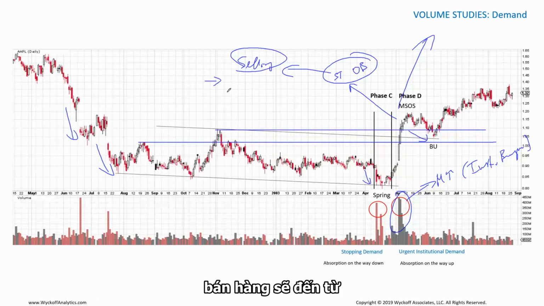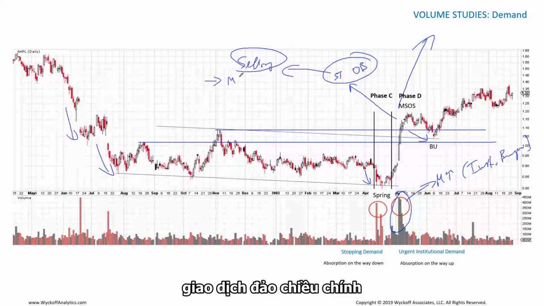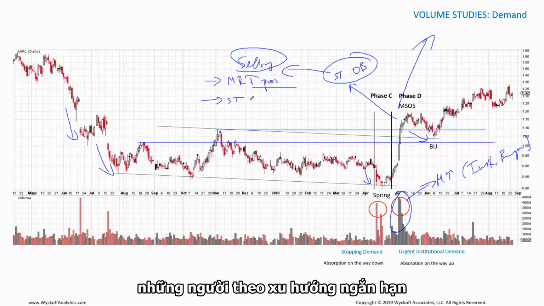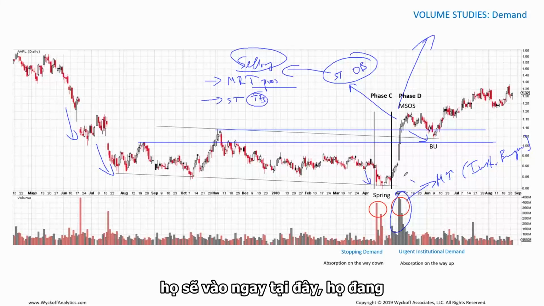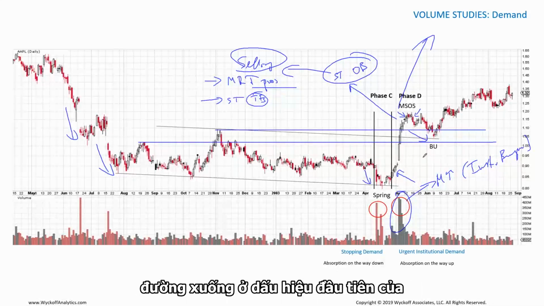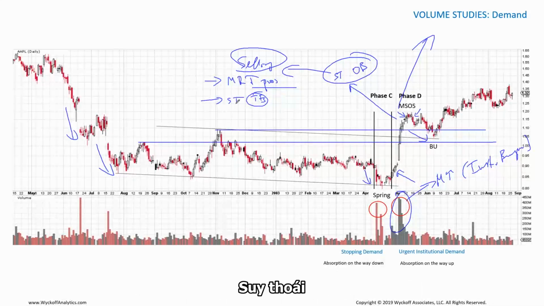Selling is going to come from mean reversion trade professionals. The selling is going to come from short-term trend followers. They're going to get in right here. They're going to get out somewhere here or on the way down at the first sign of deterioration.